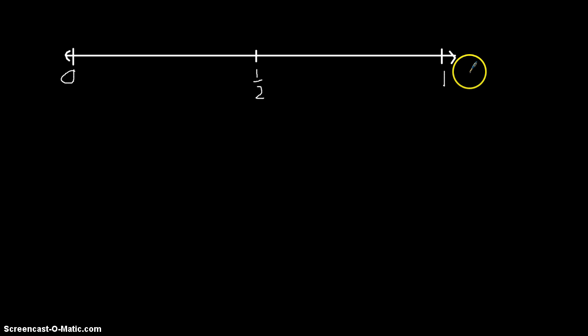There are other benchmarks that are very common, and before I reveal those, let's imagine what would go here. What would be a benchmark fraction for here and for here? Think about it for just a moment.